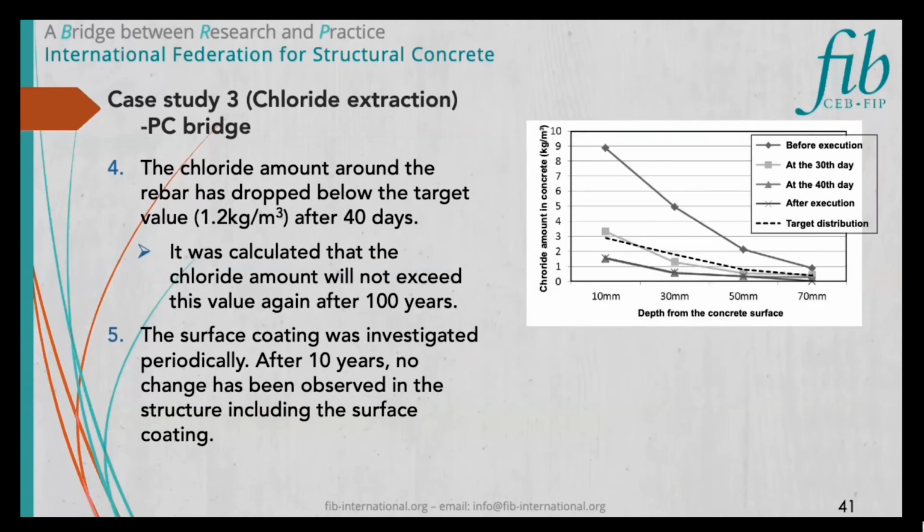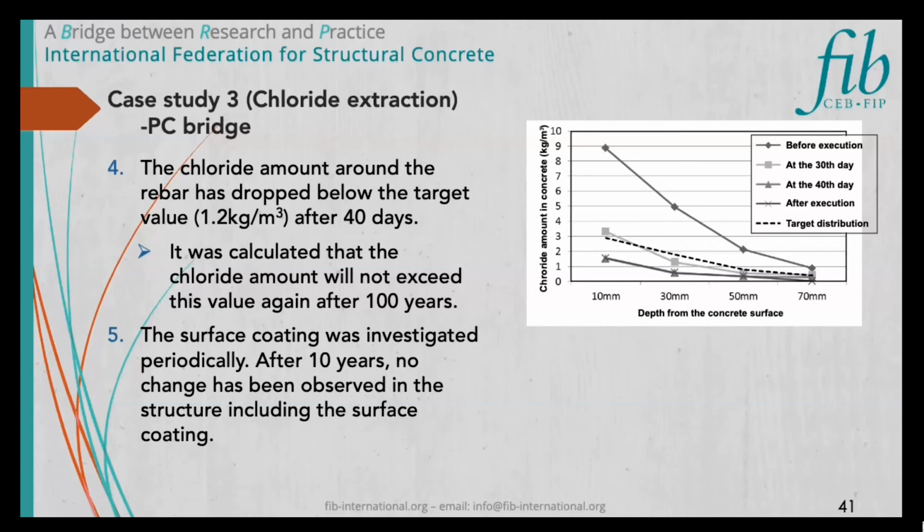As you can see from this graph, the chloride amount around the rebar has dropped below the target value of 1.2 kilogram per cubic meter of concrete volume. It's roughly 0.3% of cement weight after 40 days of treatment.